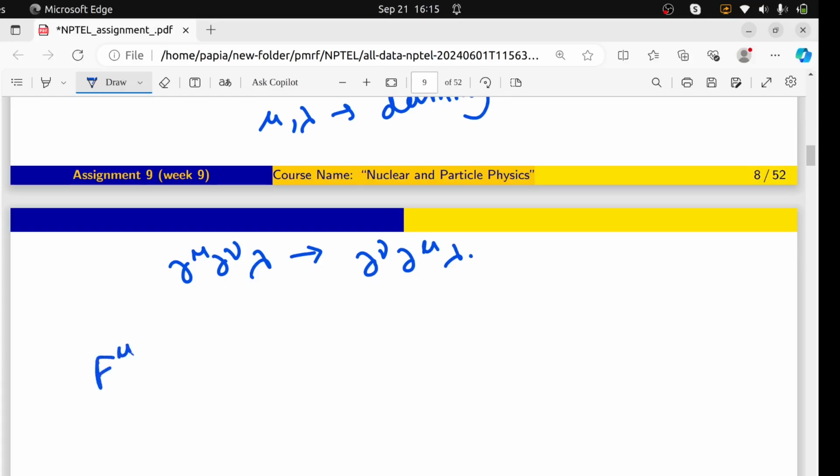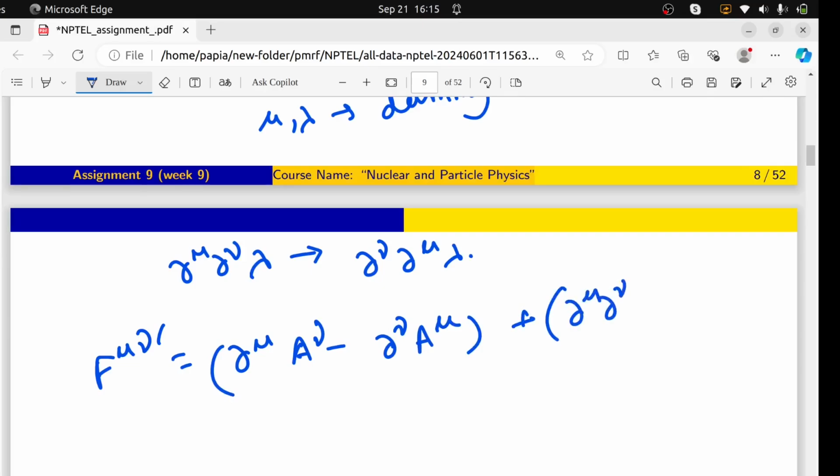So for this case, F_μν prime will be ∂_μ A_ν minus ∂_ν A_μ plus ∂_μ ∂_ν λ minus ∂_ν ∂_μ λ. So obviously you can see that will cancel out and it will be exactly whatever was given as F_μν.